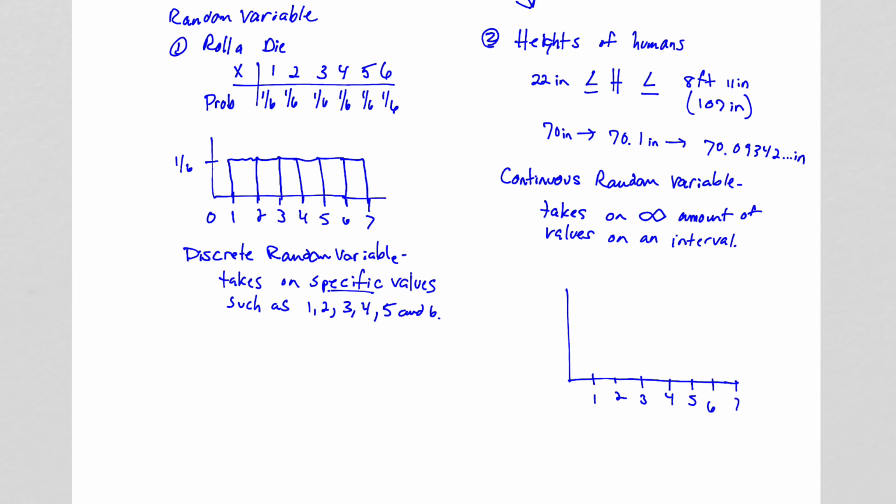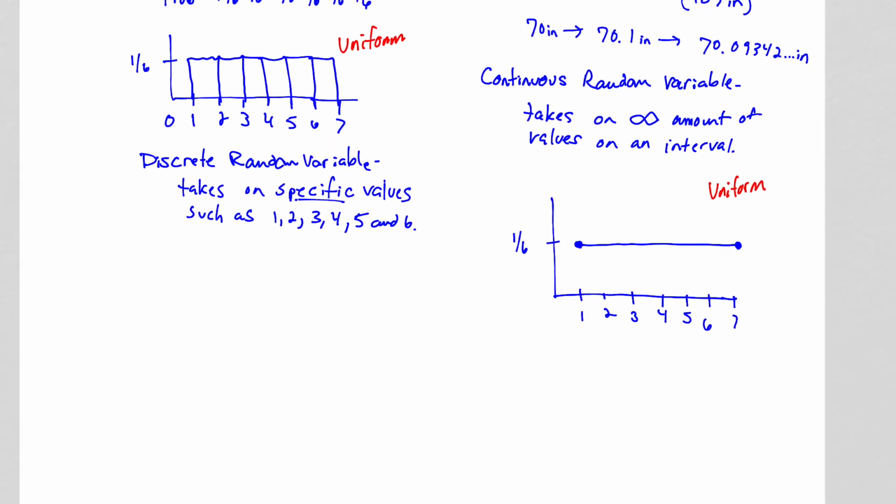And this thing is 1/6 high, and what we're looking at here is a uniform distribution, right? We've seen this before. We talked about this when we were talking about shapes of distributions. So in this particular case, this uniform distribution is regarding a continuous random variable.